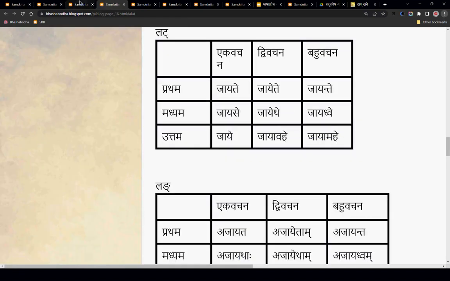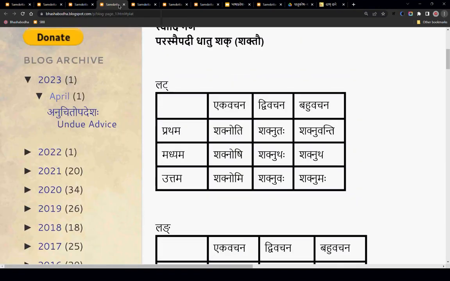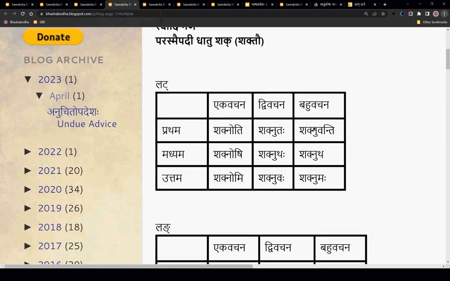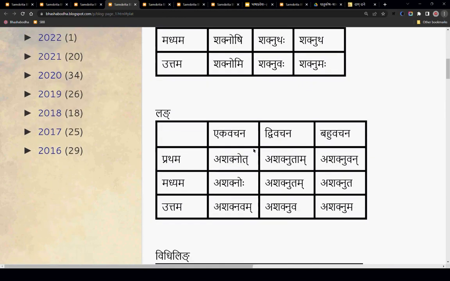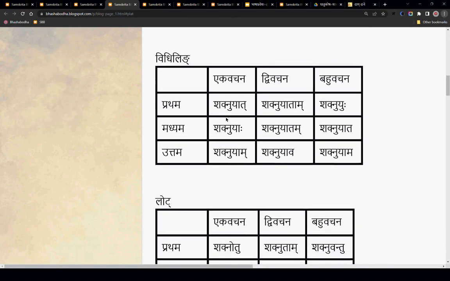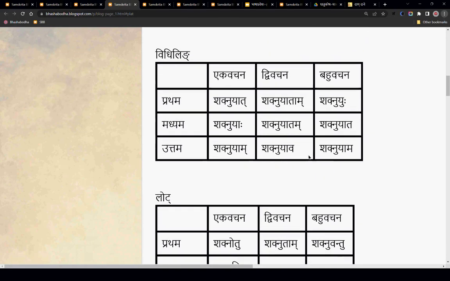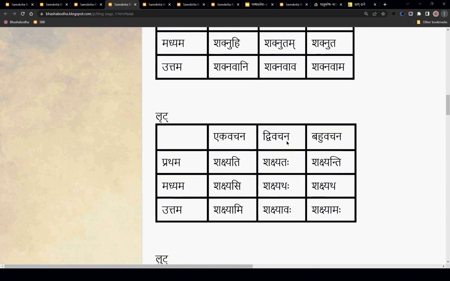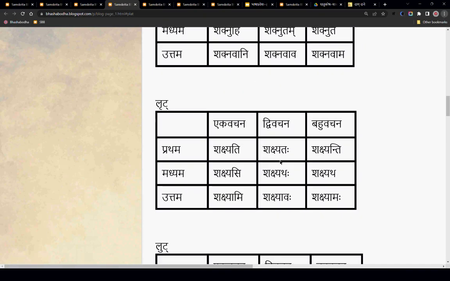But you can see here, for example, this is not a good example. Shaknoti, in lat lakara you see shaknoti. Right? In lang lakara you see ashaknot. There is still a no there in between. Vidhiling also you see shaknuyat, no in between. Lot also you see shaknotu, shaknutam, etc. No there. But in lrt, if you see, there is no no here.